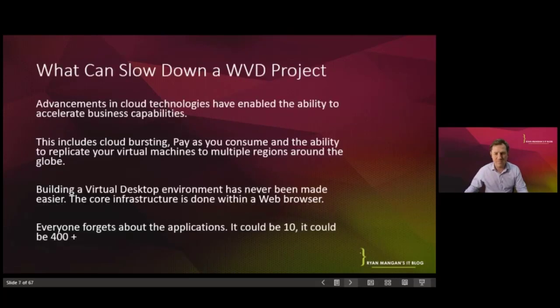So first of all, what can slow down a WVD project? Throughout the years, we've found that infrastructure, buying servers, connecting storage, connecting networking, all of that had a time associated to it. So with the launch of cloud services and the adoption of public cloud in general, a lot of these barriers, as we used to call them, or limitations or time bars, have been removed.